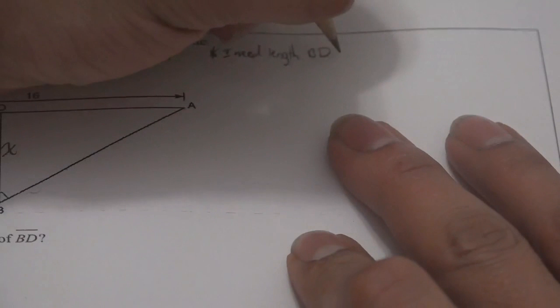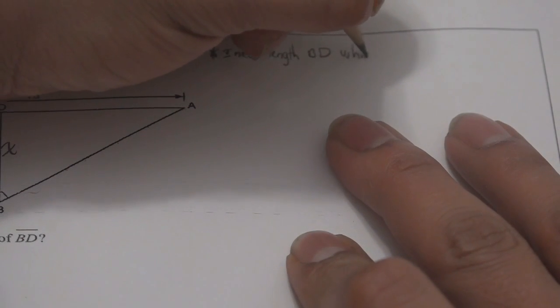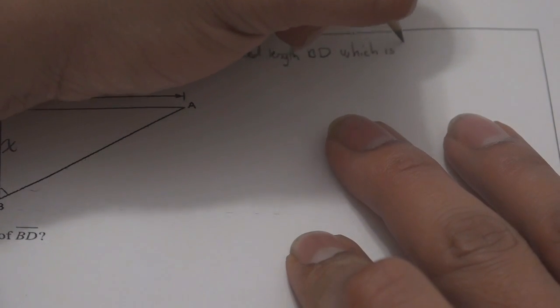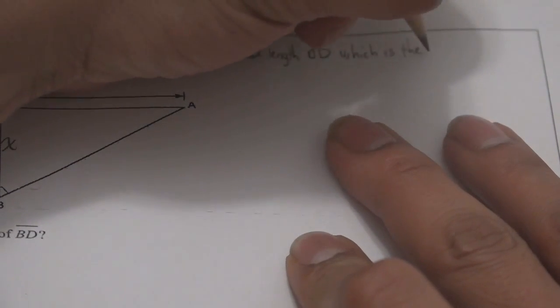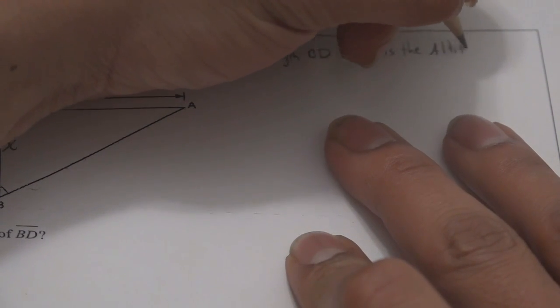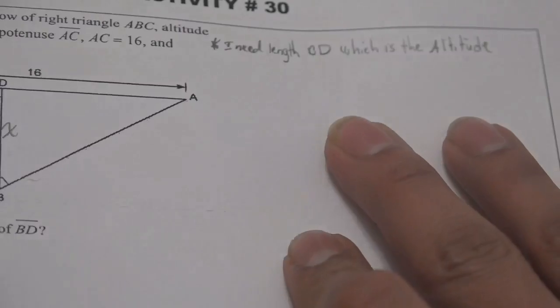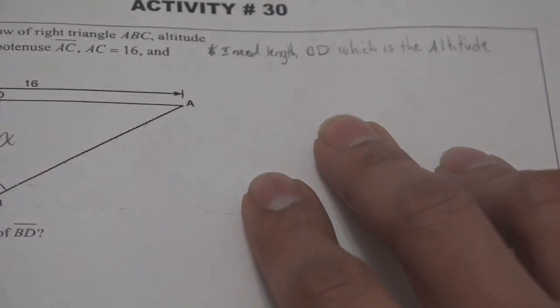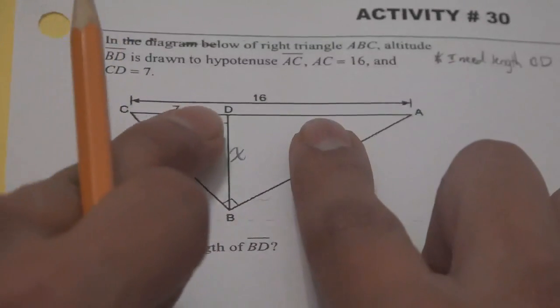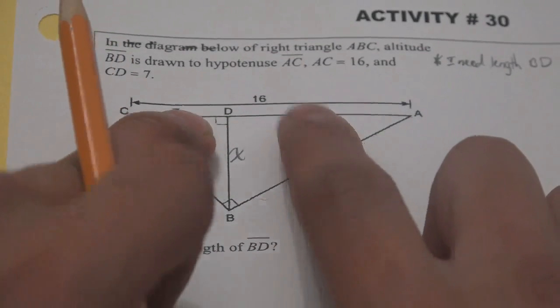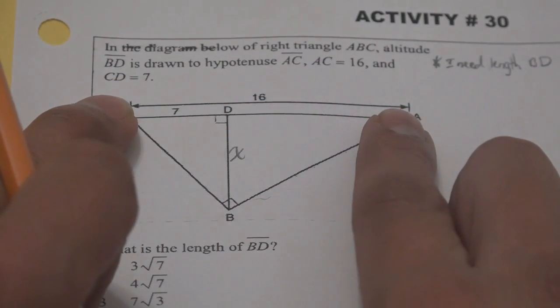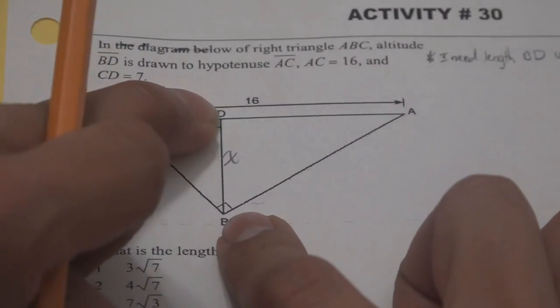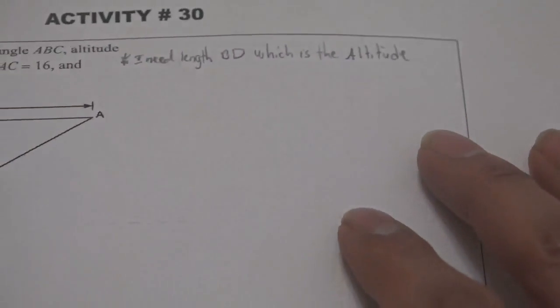Which is the altitude. Okay, what else? I have one part of the hypotenuse. Look, I got this part of the hypotenuse, and I also have the whole hypotenuse. And I'm being asked for the altitude. So what do I write?